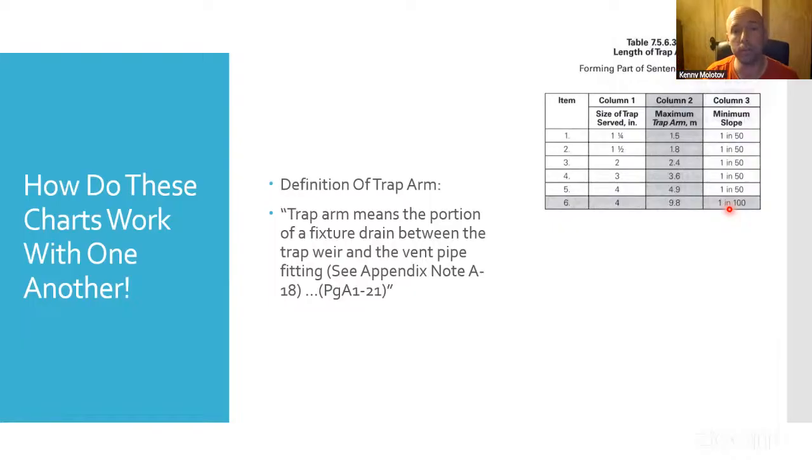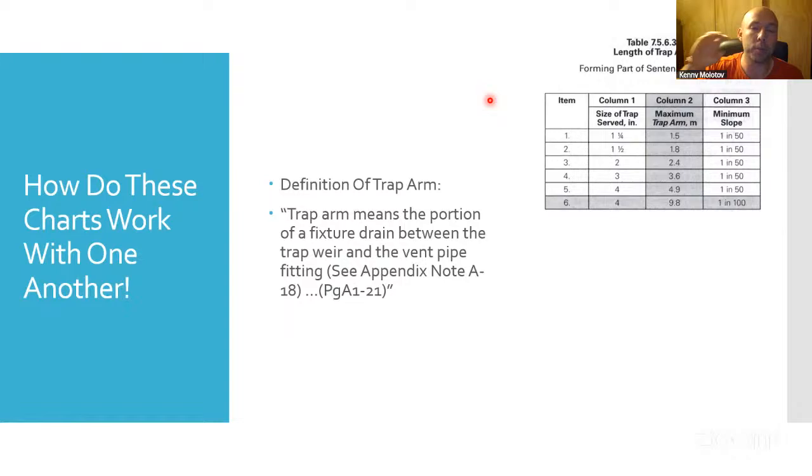Go take a look at those videos, because they break down your tape measure so you can understand what an eighth of an inch looks like, a quarter of an inch, half, 3/4, 5/8, 7/8, etc. So now we know what trap size we have according to our first chart, which was 7493. And now we've introduced 7563, which tells us how far that trap arm is allowed to be.